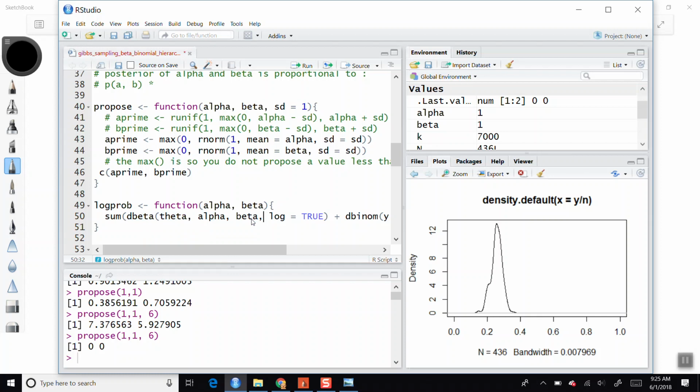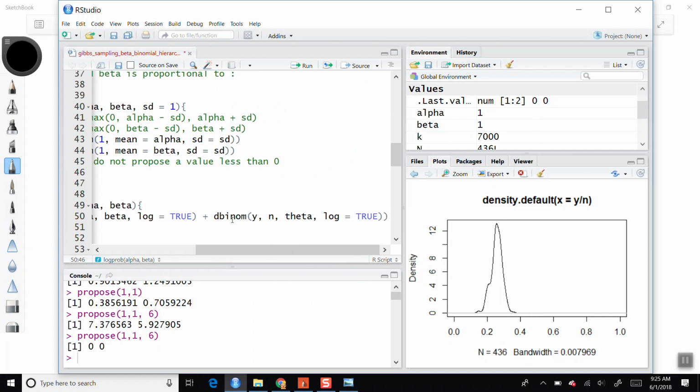This is the same thing we did when we were doing the decoding, right? So is that step okay? All right, so we need the sum of the beta probabilities for each theta, and then our data is, we have 436 y values, 436 n values, and then we've got 436 theta values, and we're figuring out the probability of the data y, n given theta, okay?